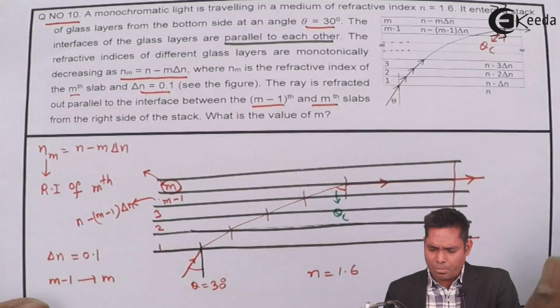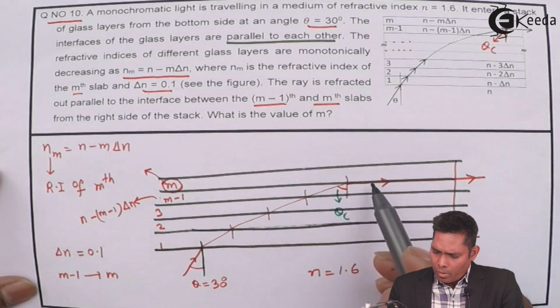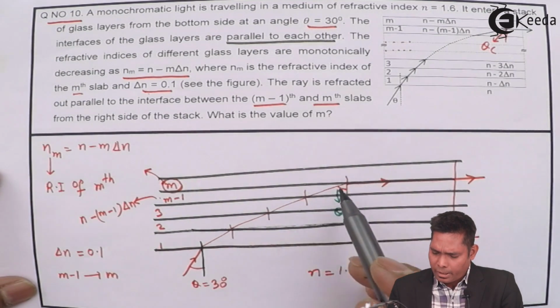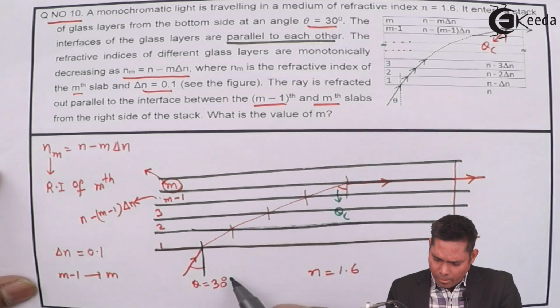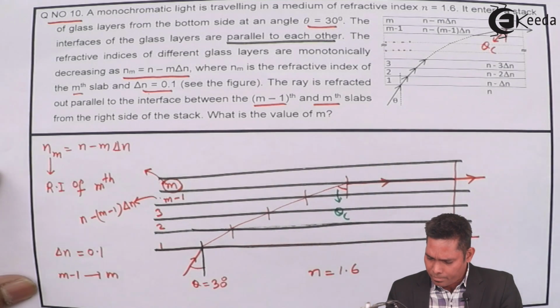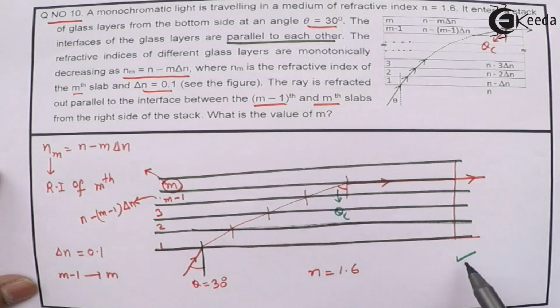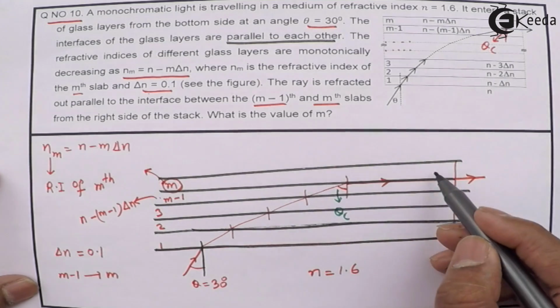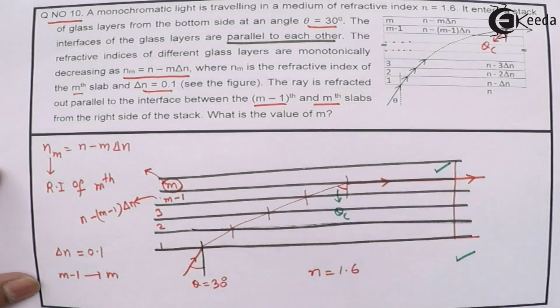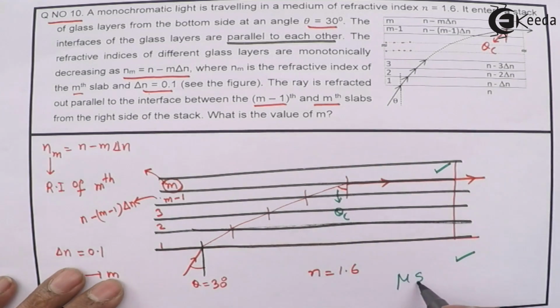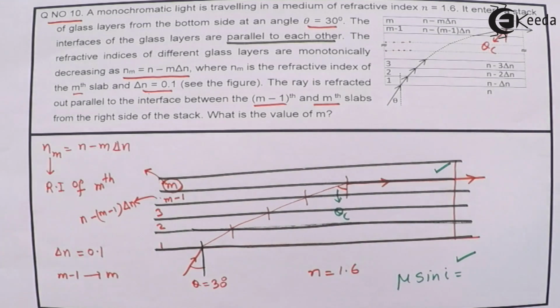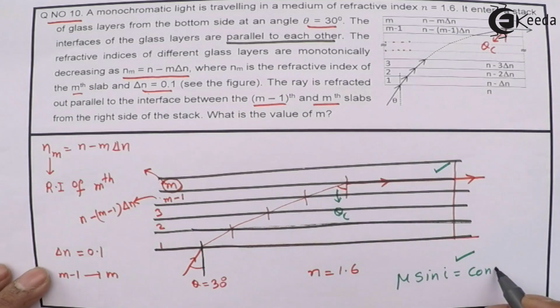If you use this concept, this is my first medium, and I'll relate this medium with the mth one. I want to write mu of sine of that angle, whatever is the angle in that medium, as a constant.